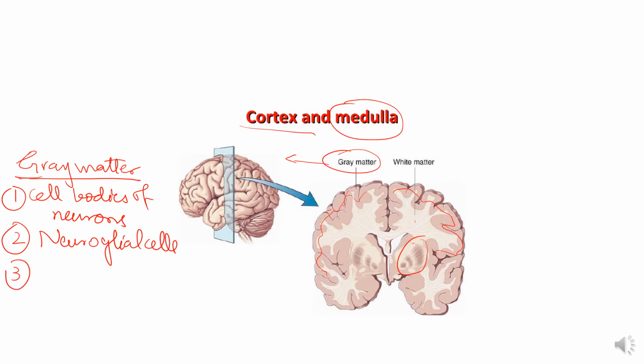Number 3 is the dendrites of the axons. Number 4 is the initial parts of axons of the neurons.